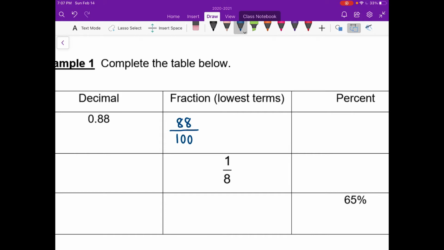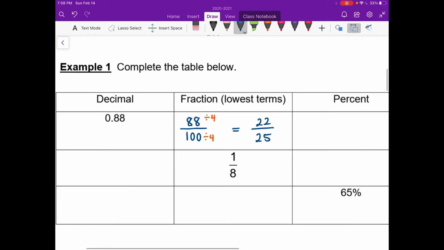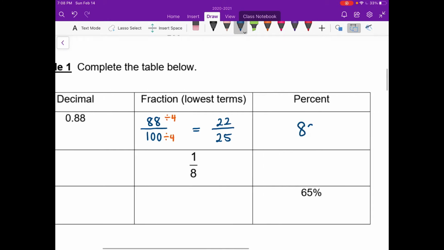We know that if we divide both of these by 4, just converting it to the lowest form by dividing both the top and the bottom by 4, 88 divided by 4 will give you 22, and 100 divided by 4 will give you 25, and that's in the lowest terms.